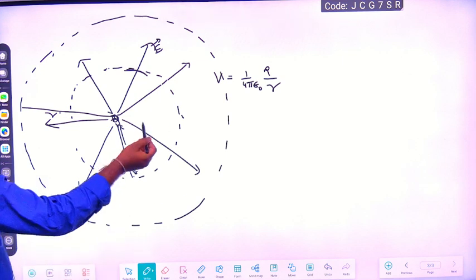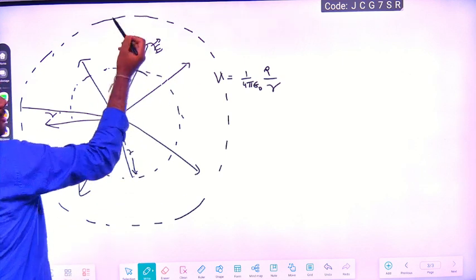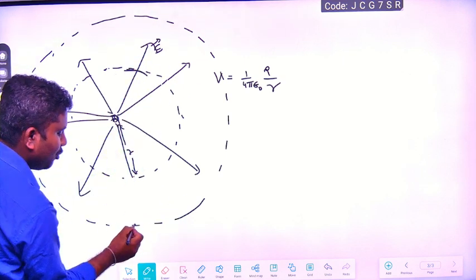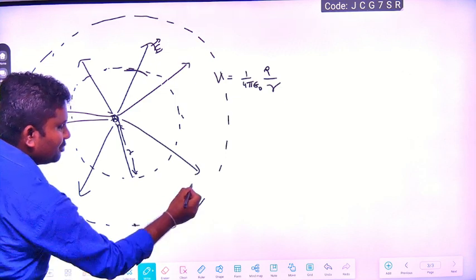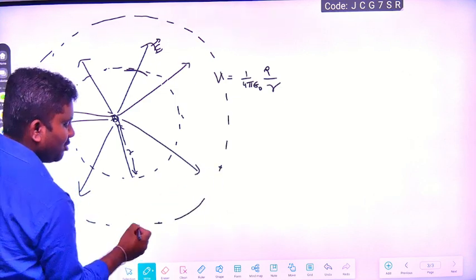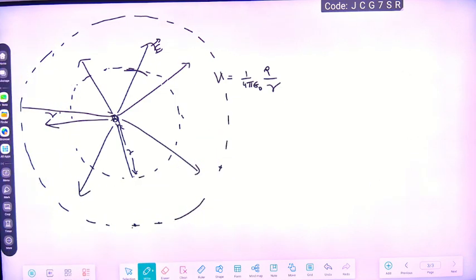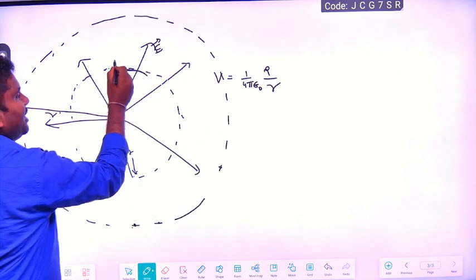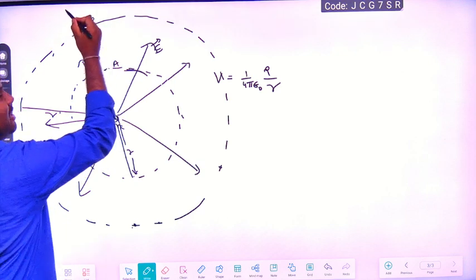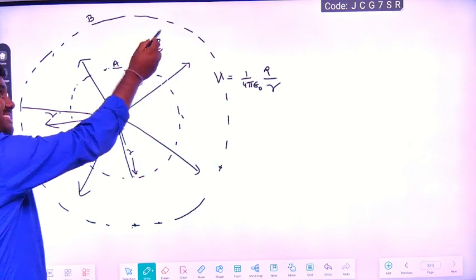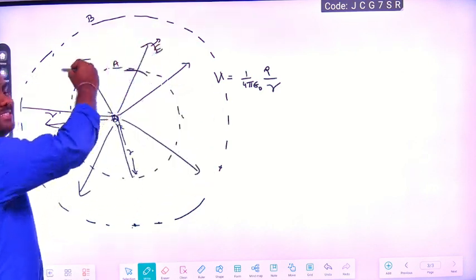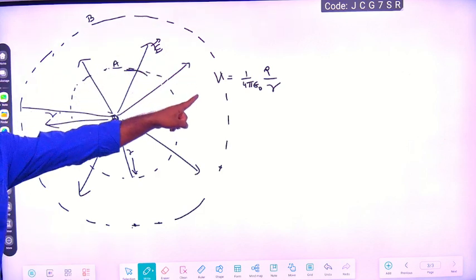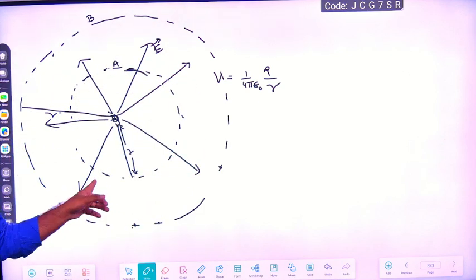Now, if you want to move a charge from one point to another point, how much work do you need to do? This equipotential surface I name A, and this one I will name B. The distance of each point on that surface is the same, R dash.